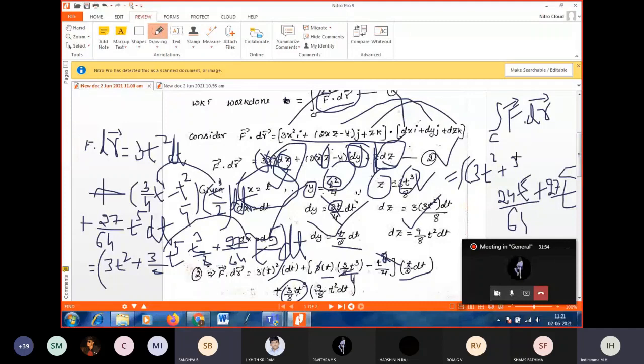So we obtain the second term as 51 by 64 into t power 5. What is the third term? Minus t cube by 8 into dt.